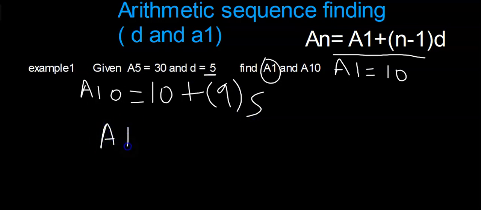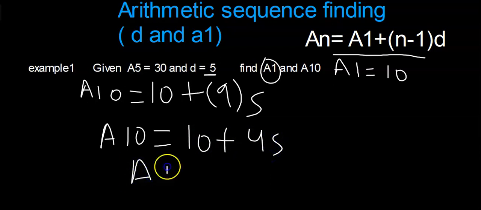So a10 equals 10 plus 9 times 5, which is 45. Then a10 will be 55. When you add these two, you get 55. So this is how you do it. This is the whole process, and I hope you guys understand.